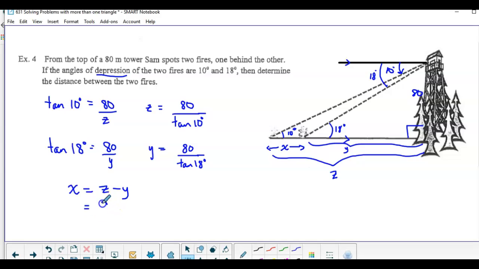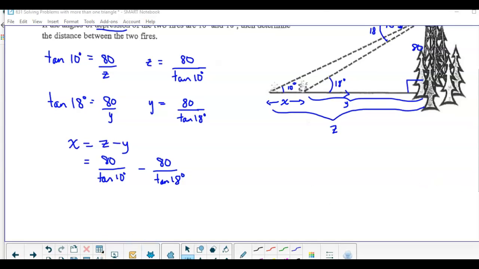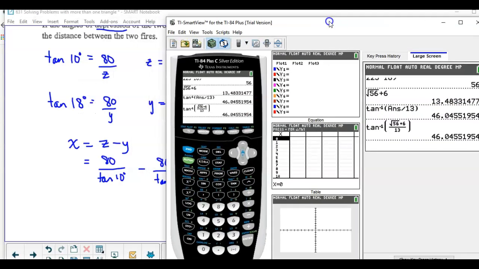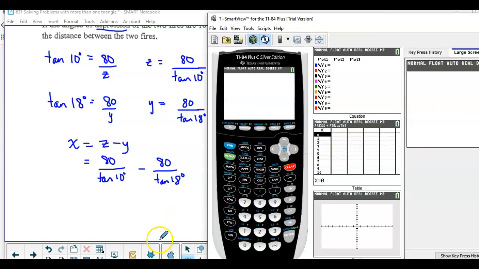So that's going to be 80 over tan 10 minus 80 over tan 18. Okay, so get our calculator out. If you want to do them separately, say you don't have a graphing calculator, you can do tan.